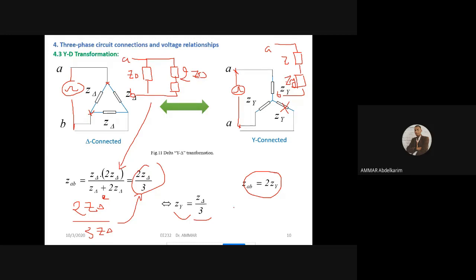This is one of the advantages of the delta connection over the Y connection in some applications. But it depends. In applications where we need the neutral point, we have to connect it in Y connection.